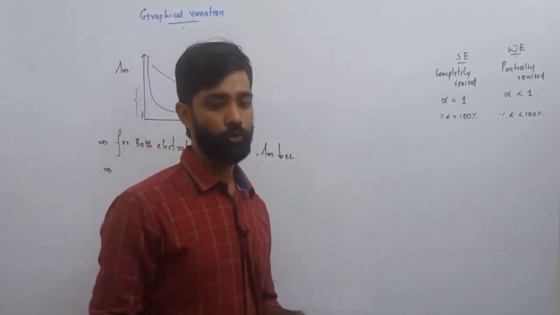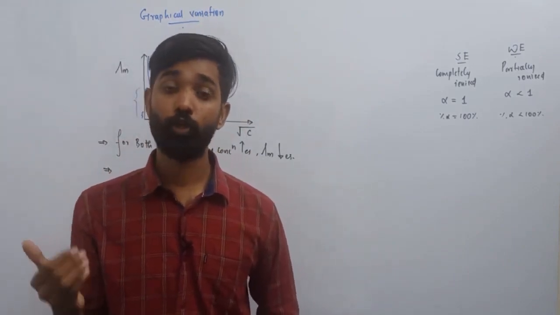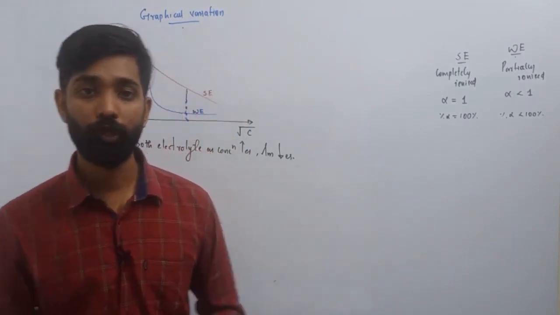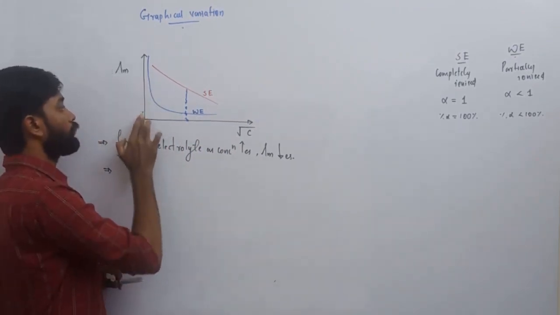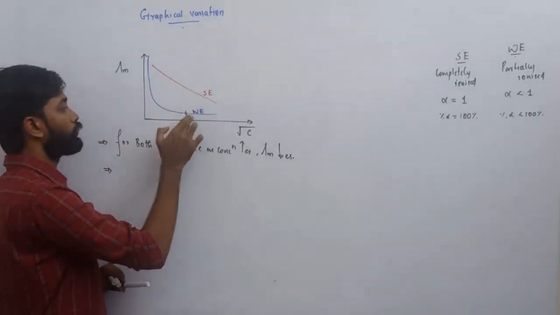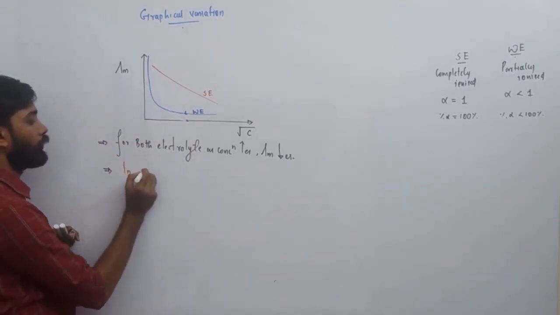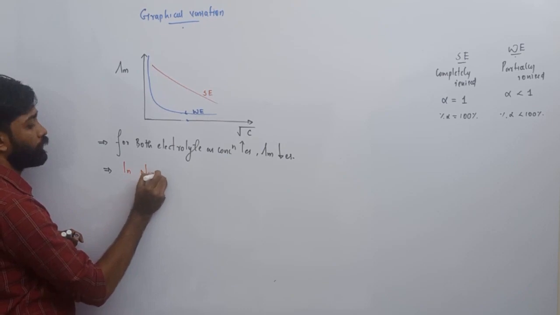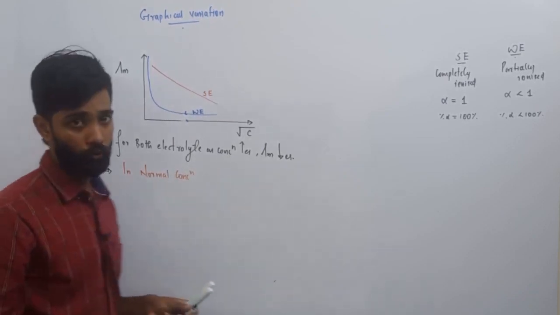Ready? So, for a particular concentration, the molar conductivity of a strong electrolyte will always be greater than the molar conductivity of a weak electrolyte. Okay? So, listen. Normal concentration means the concentration is not nearly zero.